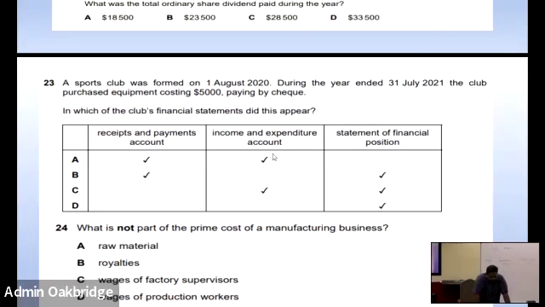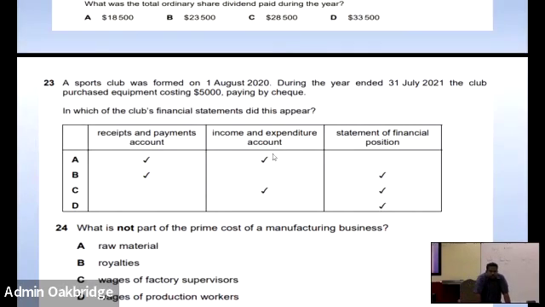They bought equipment. Equipment is an asset. Can it appear in the income and expenditure account? Cannot. Income and expenditure is only income and expenses. So the answer is definitely between B and C, correct?